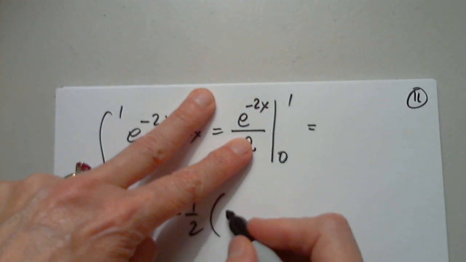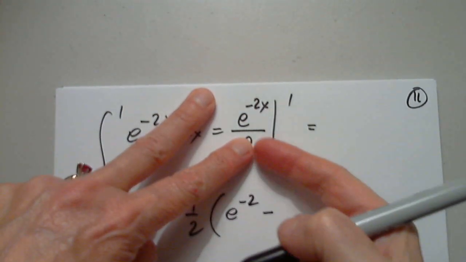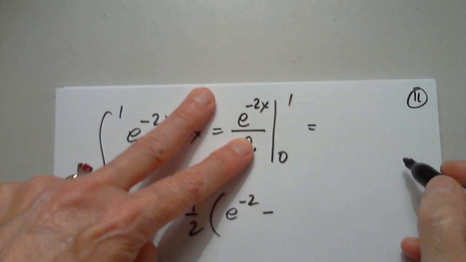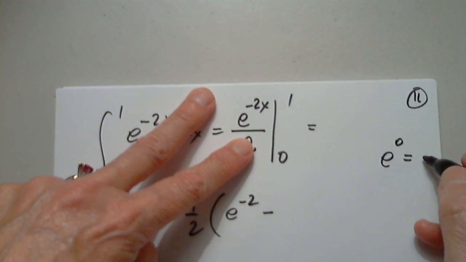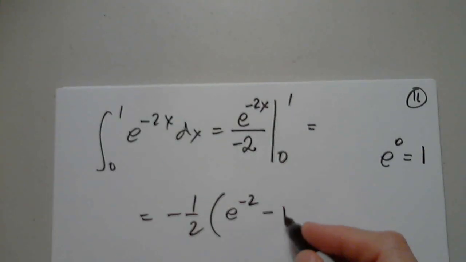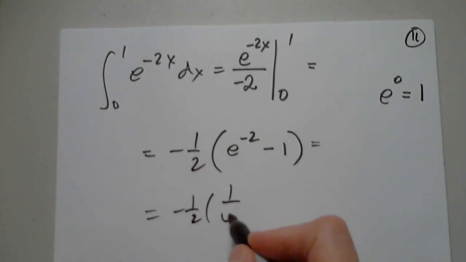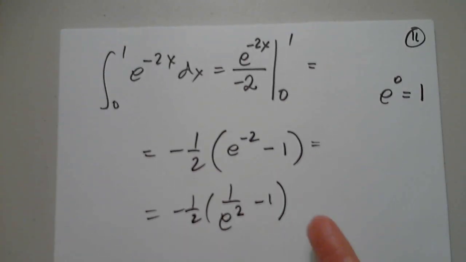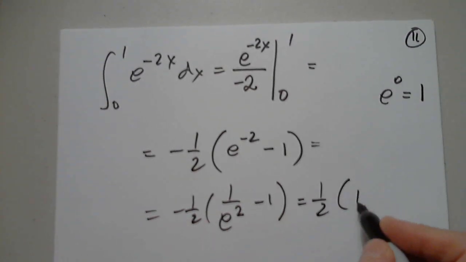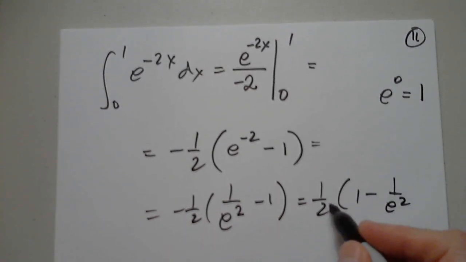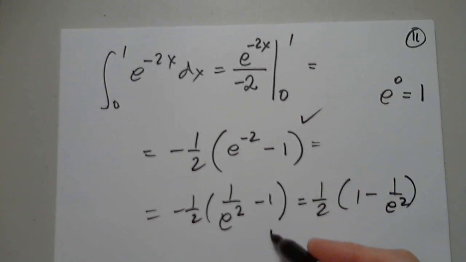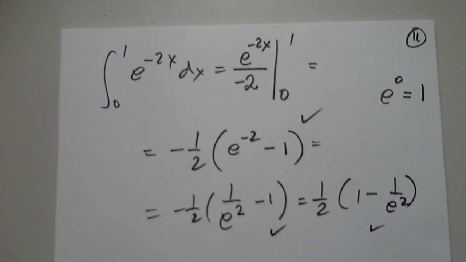Plug in 1, e to negative 2, minus when I plug in 0. But e to 0 is? 1. Thank you very much. And that's it. You can rearrange it if you'd like. Negative 1/2 times 1 over e squared minus 1. You can just distribute the negative and nothing else, and you have 1 minus 1 over e squared if you'd like, but this is fine.